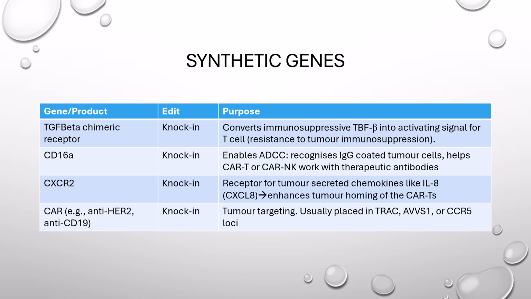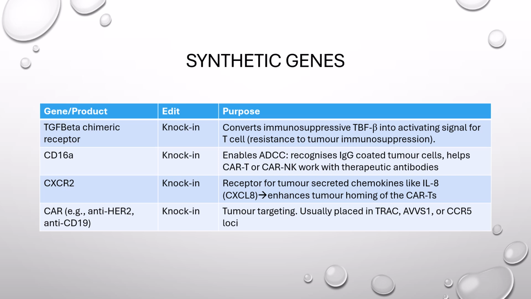So you get antibody dependent cellular cytotoxicity, because CD16 is an Fc binding site, and it enables your CAR T to work with therapeutic antibodies. I've focused this presentation on T cells and not on natural killer cells, but I'll be doing some case studies where I'll be looking at natural killer cells.